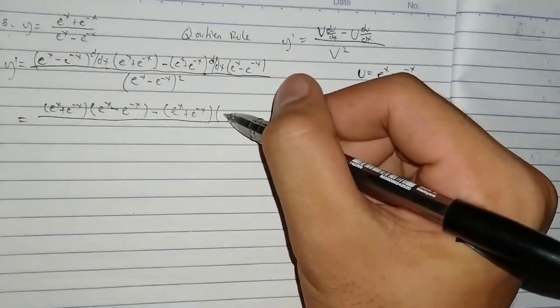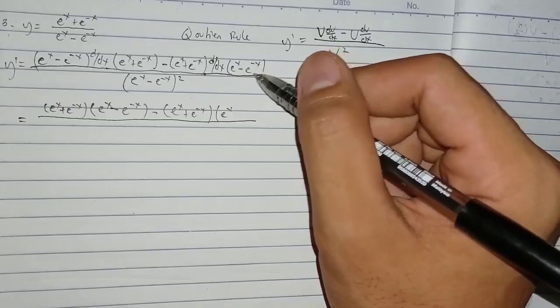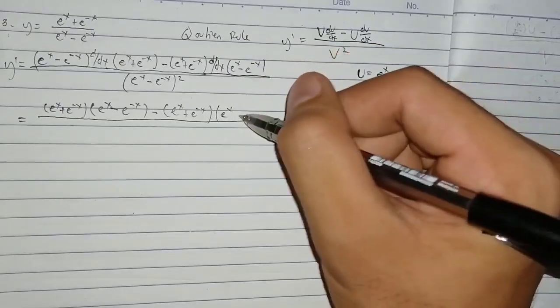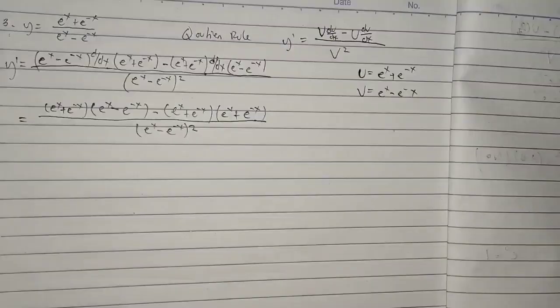The derivative of e to the x is simply e to the x. The derivative of negative x is negative 1. So negative e to the negative x times negative 1 will become positive e to the negative x.